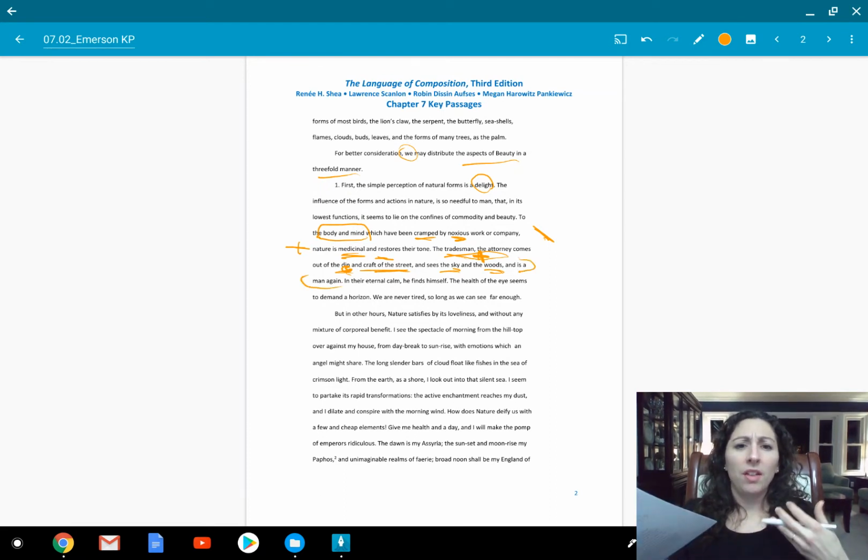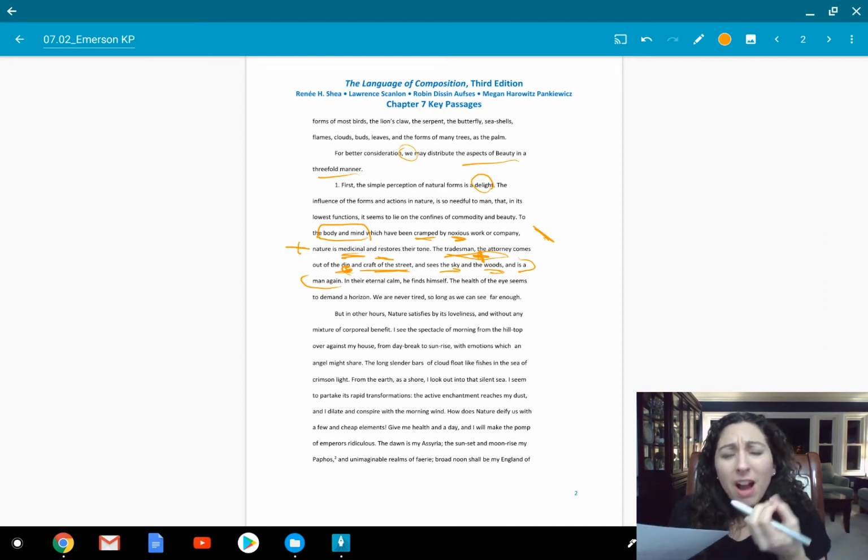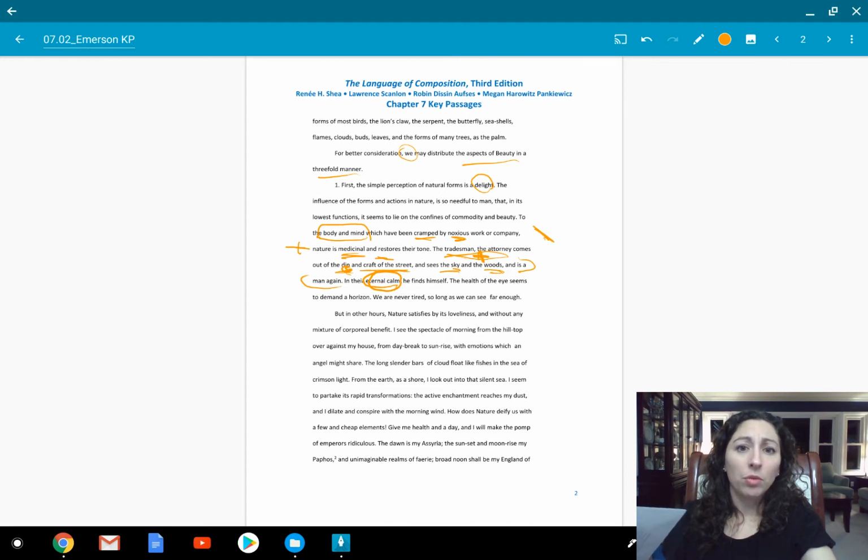So the imagery here is beautiful as well, that someone who is cramped and confined and berated by noise walks out into the sky and the woods and is man again. In their eternal calm, eternal having that religious undertone here, he finds himself.